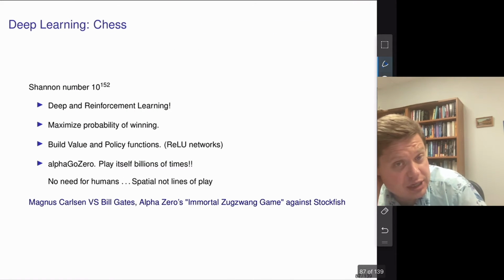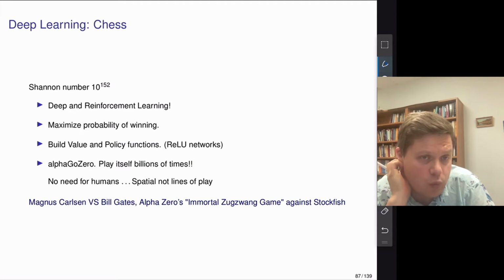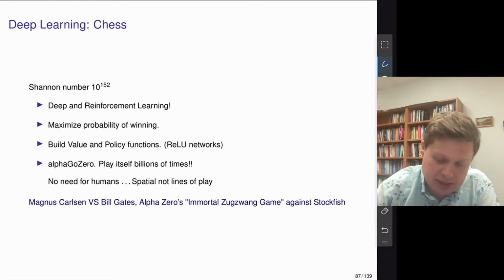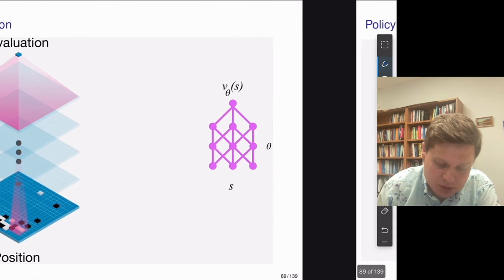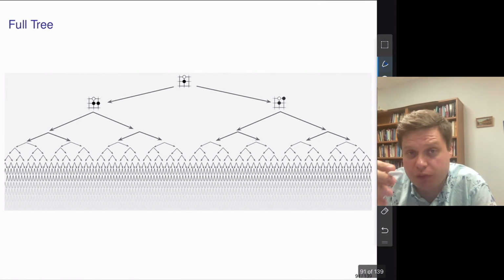The same approach is used in chess nowadays. We talked about this. It used to be this way of pruning the trees by a set of chess experts, and nowadays the trees are actually pruned using neural networks. So this is an example of a full tree, and this is play of Go rather than chess.